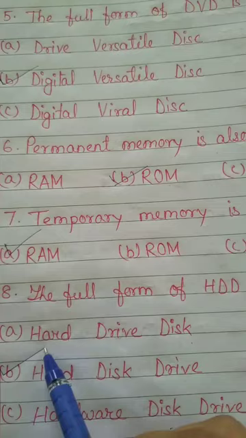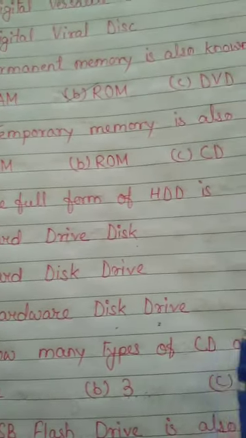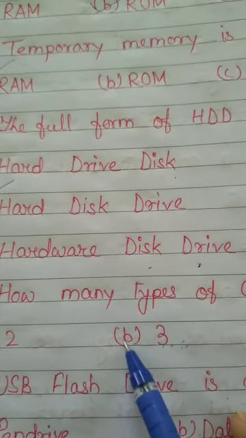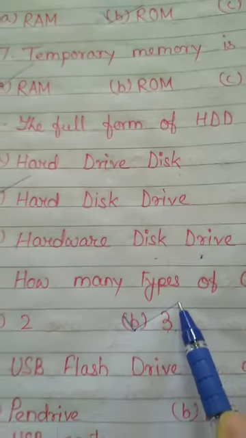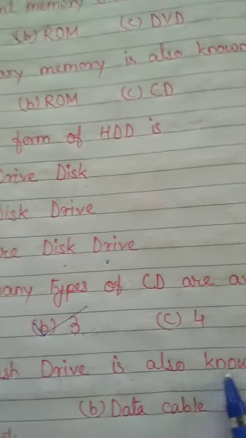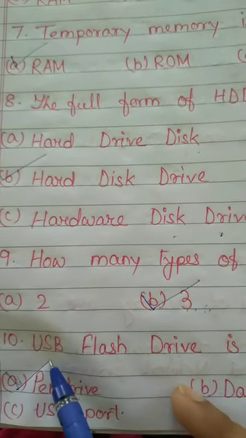Option B is correct. How many types of CD are available? 3. Number 10. USB flash drive is also known as pen drive.